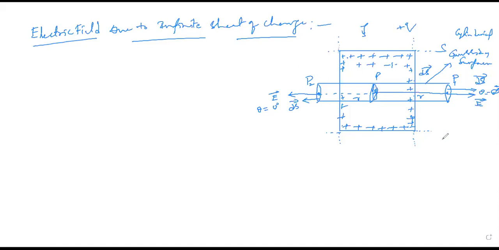See, every time I'm telling this to you all, if this is my point with respect to positive charge, then the electric lines of force will always be along the outward drawn normal. So these are outward drawn normals. People, don't hesitate, because every time I'm saying it, that is itself the concept. If you miss that, you will not understand. That's why every time I'm saying that E and D are always perpendicular to that particular point, meaning to that surface.